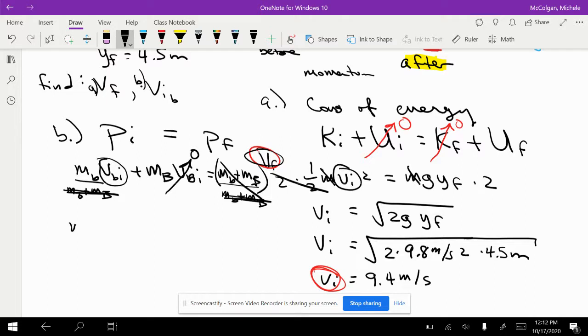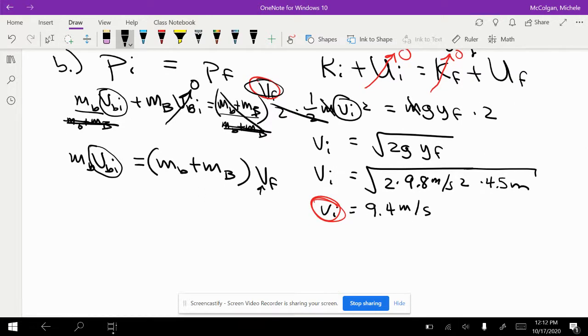So our equation is m of the bullet times v of the bullet initial is equal to the mass of the bullet plus the mass of the block times v final. I know this v final, and I know these, so I'm calculating v of the bullet initial. So v of the bullet initial is equal to the mass of the bullet plus the mass of the block, over the mass of the bullet, times v final.